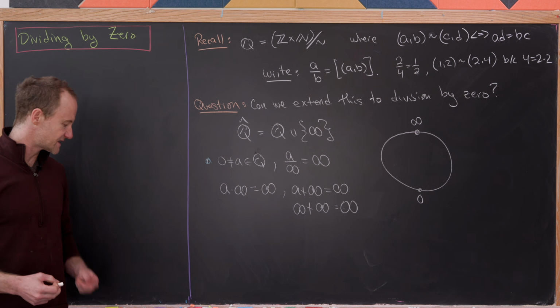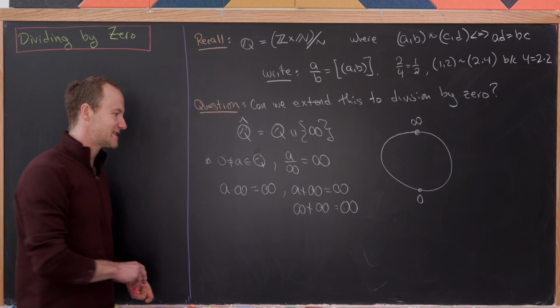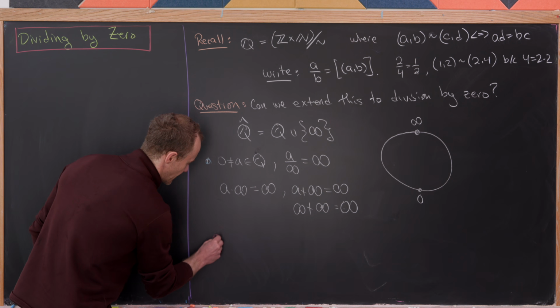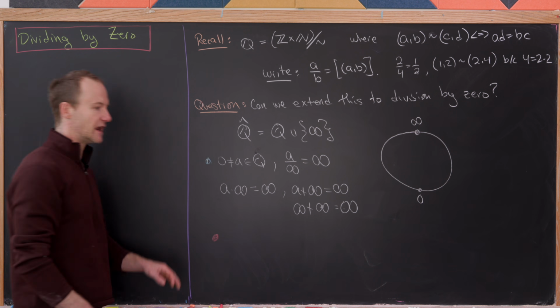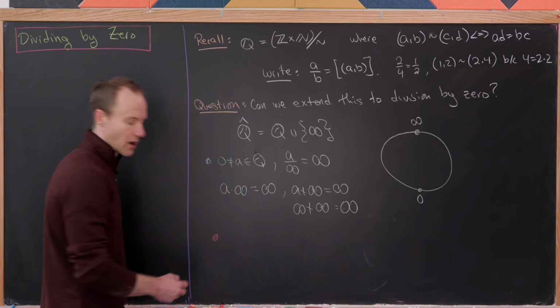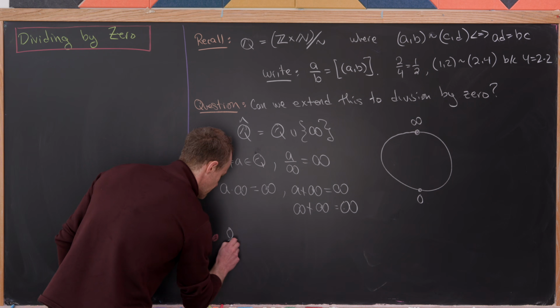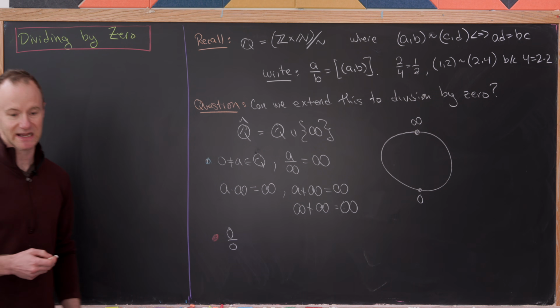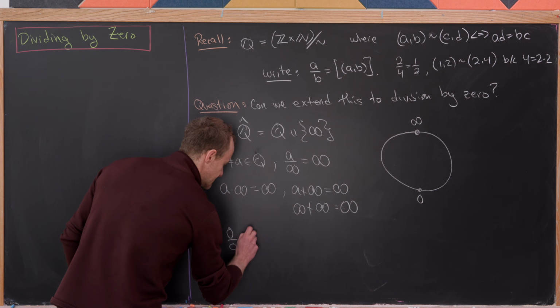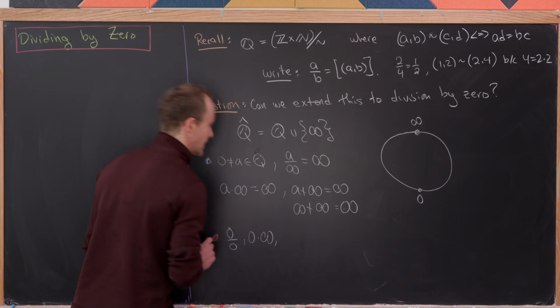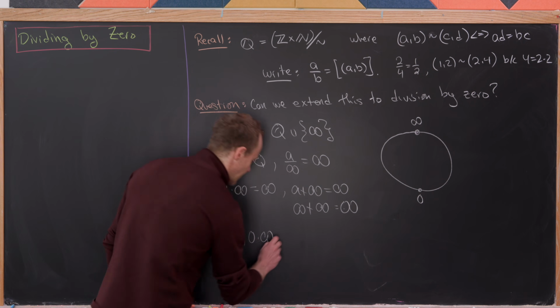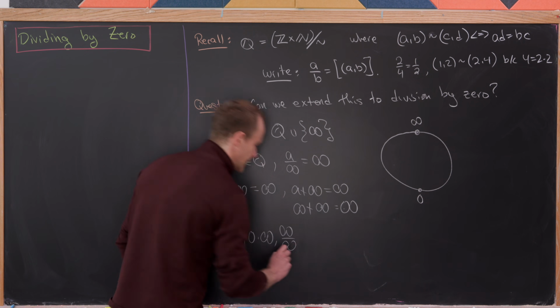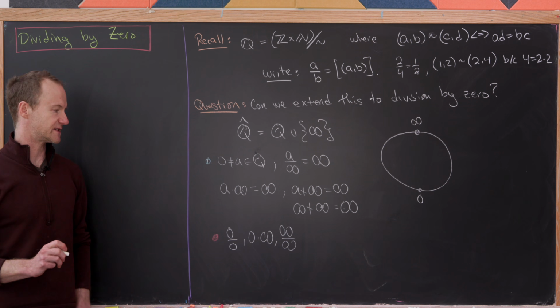But under this setup, there are still some things that are undefined. Some of those are 0 over 0, which we would take to be undefined under this extension, 0 times infinity, and also infinity over infinity. So those are all undefined in this setup.